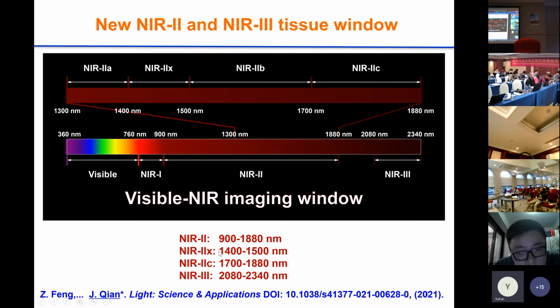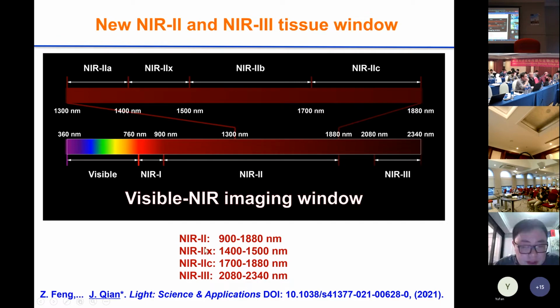Because it is determined by the brightness of the fluorescent probes. If the brightness of the fluorescent probes is large enough, this one is useful. If the brightness of the fluorescent probes is very small, maybe this window is useless.